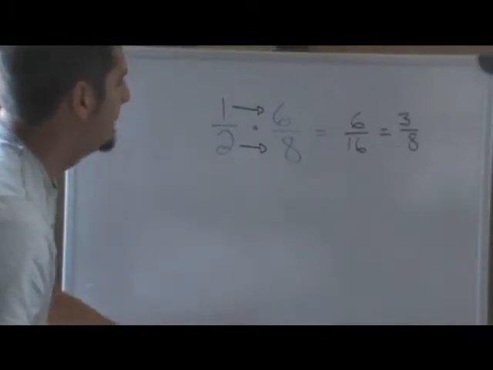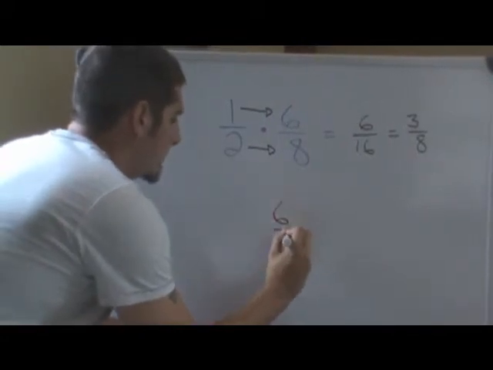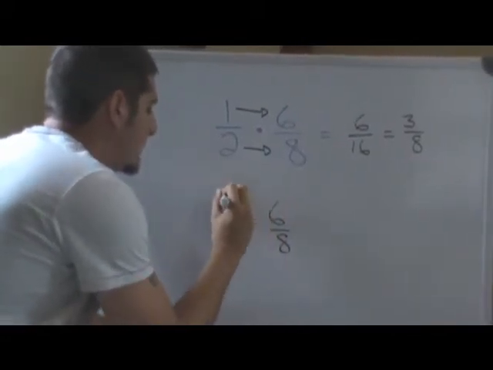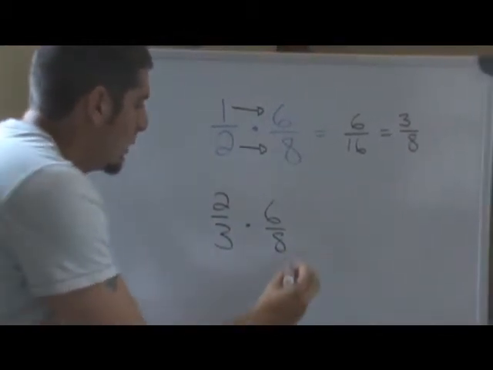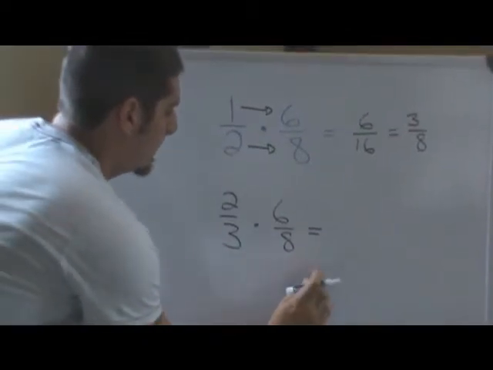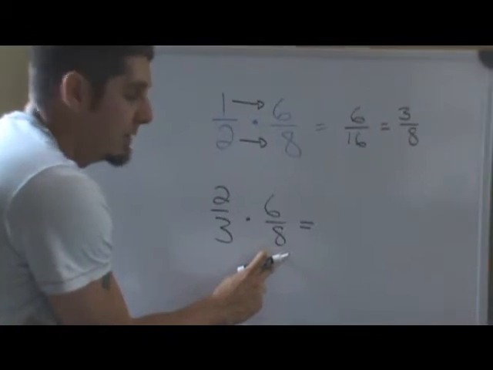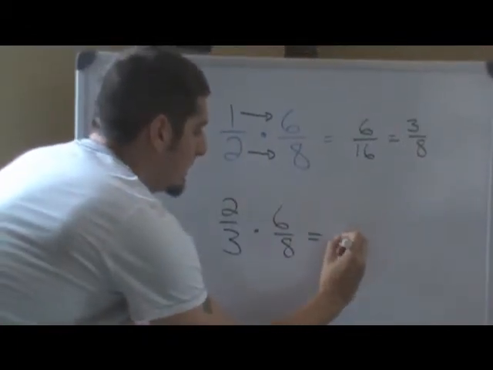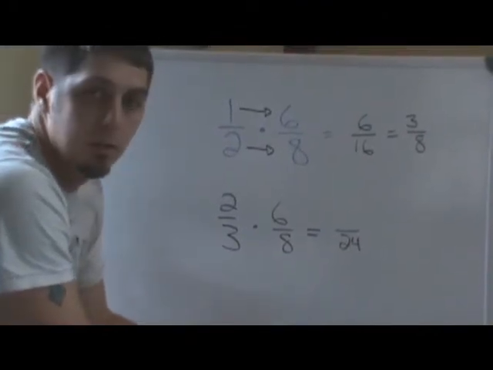Now, what would happen if, for example, I wanted to find 2/3 of 6/8? Okay. What ends up happening is I'm going to multiply the denominator by 3. So now instead of needing 8 slices of pizza to have a whole pizza, I now need 24. I need 3 times as many slices.